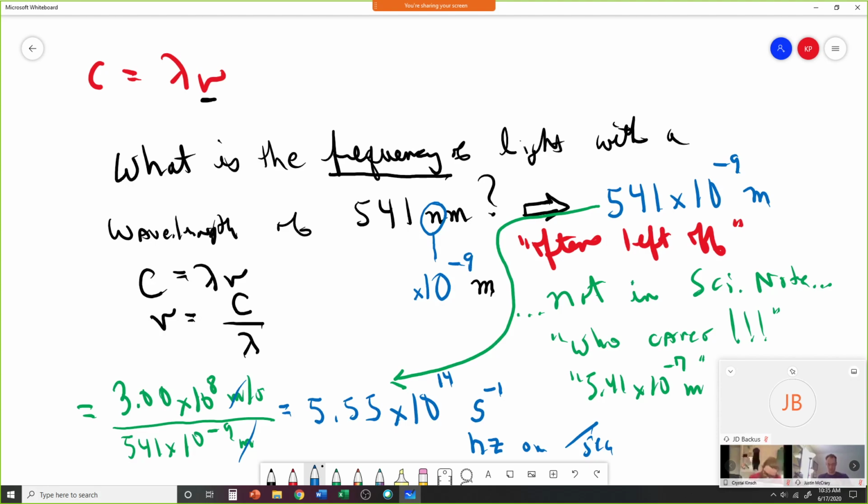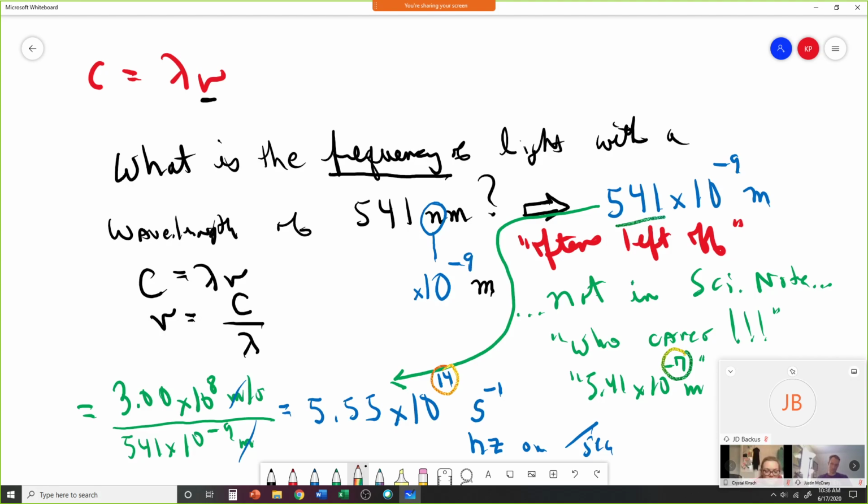All right. One of the things to notice is, first off, for visible light, your frequency is going to be around 10 to the 14th. And your wavelength is going to be around 10 to the minus 7th, or in the hundreds of nanometers.